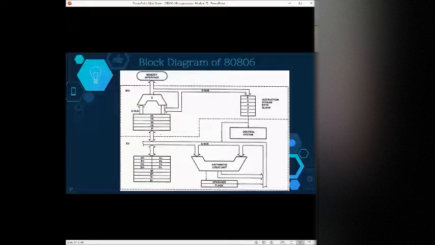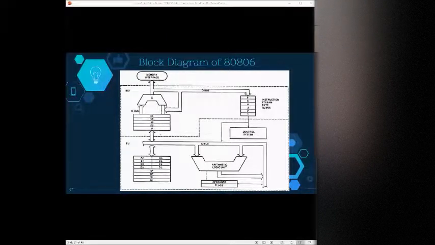Sige, based on the word, execution unit. It performs operation and calculation. Okay, good. And others? Receive instruction from the queue.